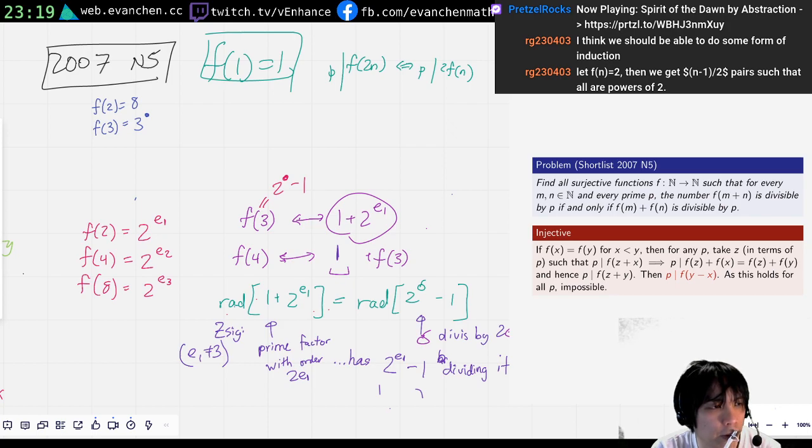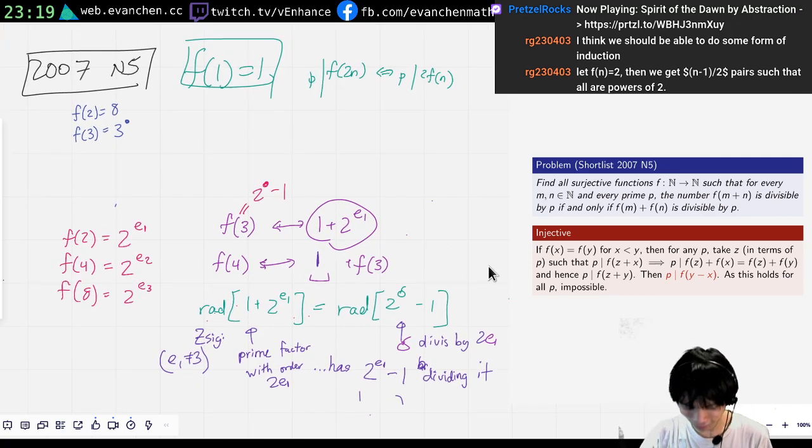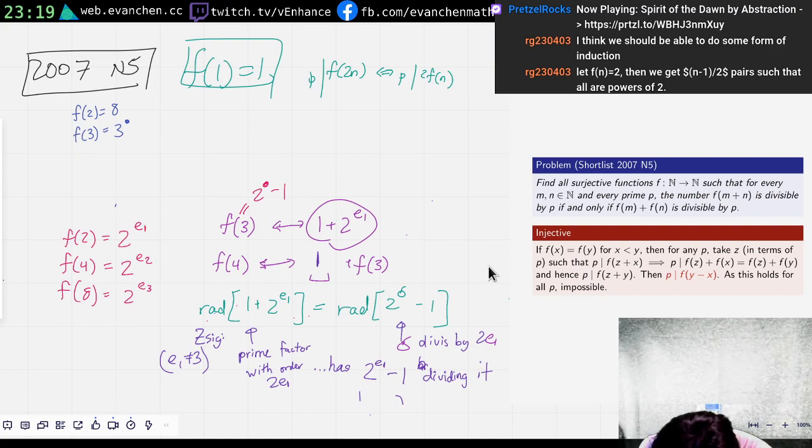Let f of n equal 2. You get a bunch of pairs that are powers of 2. But I feel like I should be able to kill this case. Why?